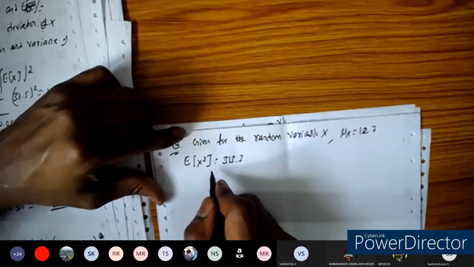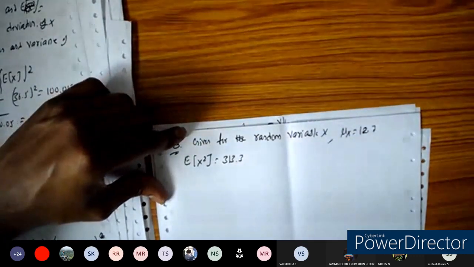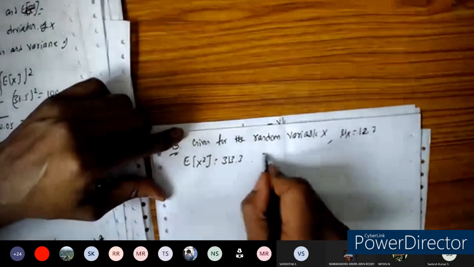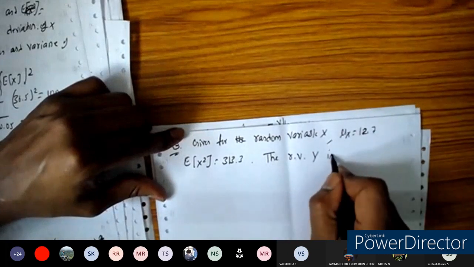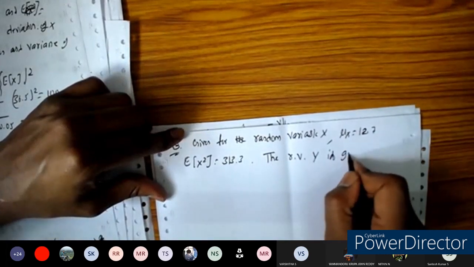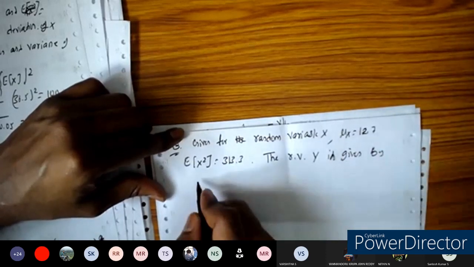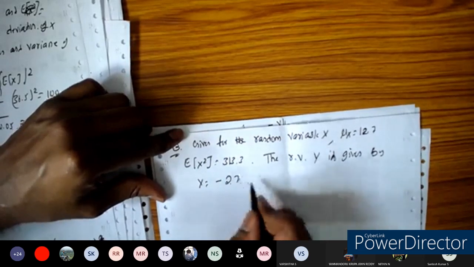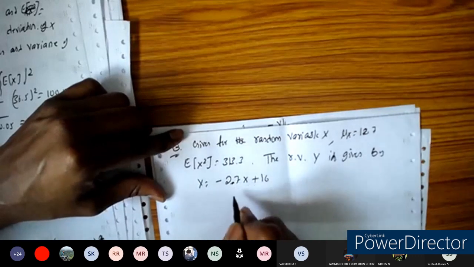The random variable y is given by y is equal to minus 2.7 x plus 16.